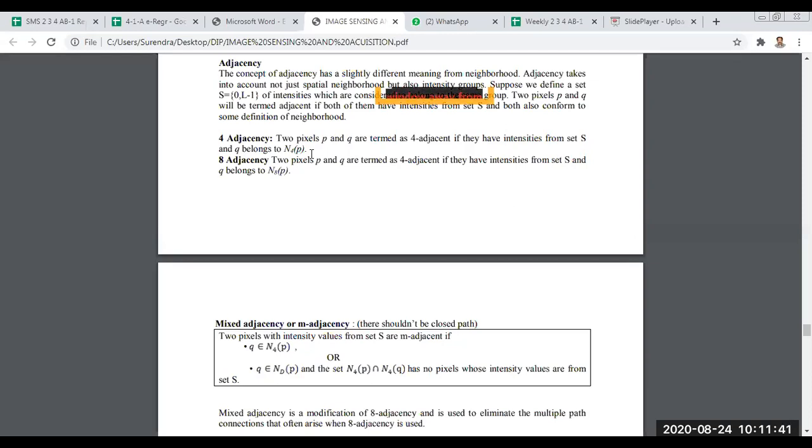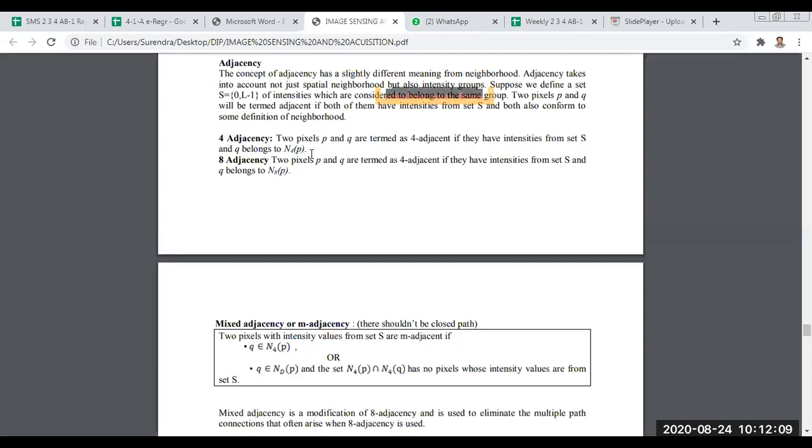What is N4 of p? N4 of p is the 4 neighborhood of a pixel. For suppose consider image 1 and image 2. In image 1, I am considering my pixel p, and q has the same intensity and is in the neighborhood of p.